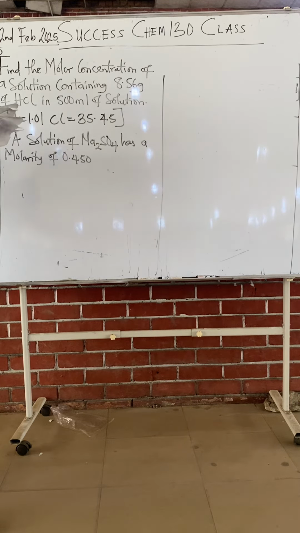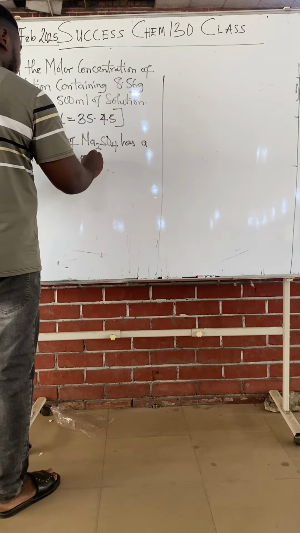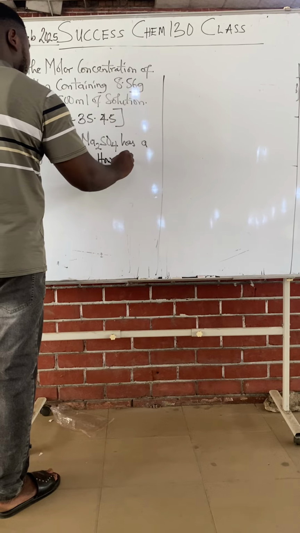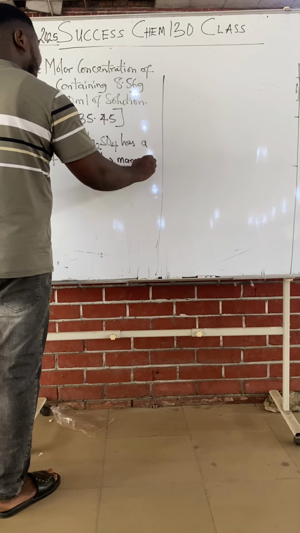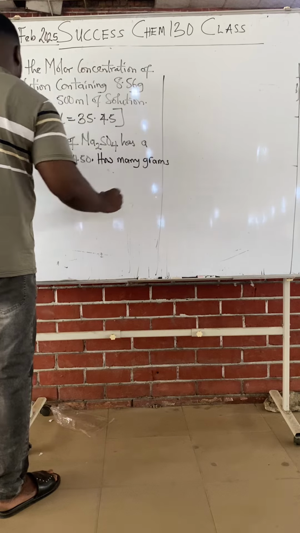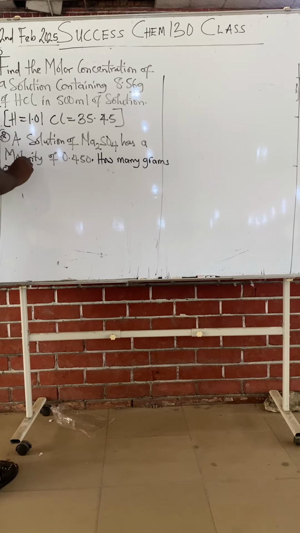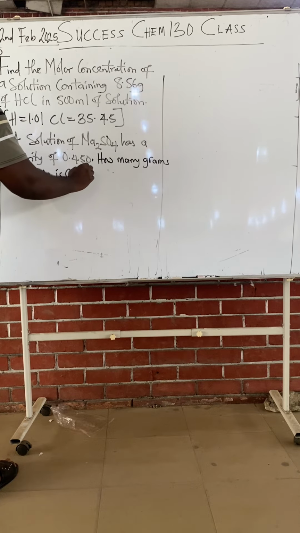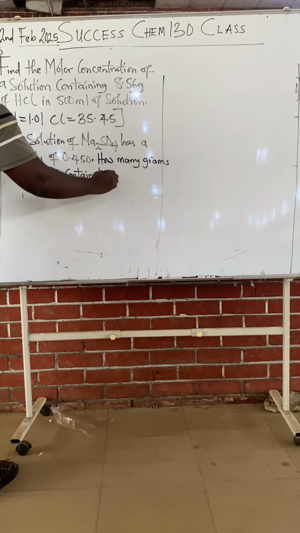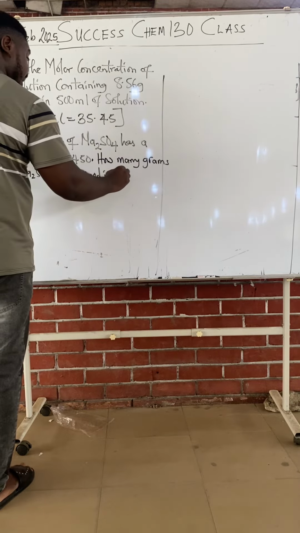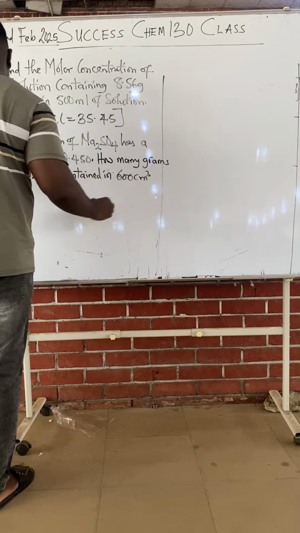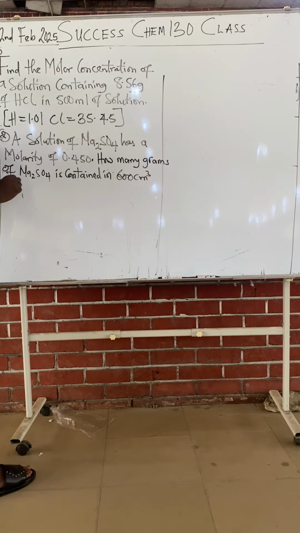A solution of Na2SO4 has a molarity of what? 0.450. How many grams of Na2SO4 is contained in 600 cm cube of solution?